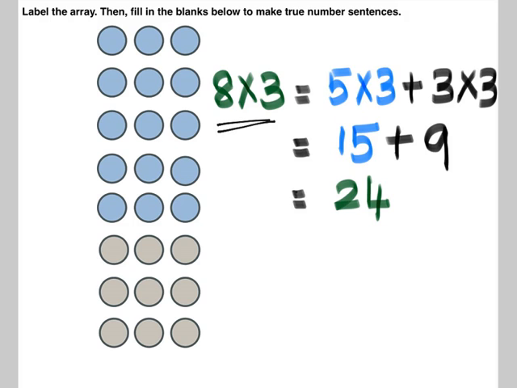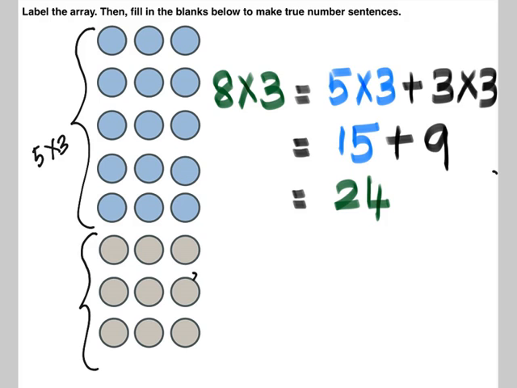8 times 3 is the total number of circles in the whole array. That is, 8 times 3 is equal to 5 times 3 plus 3 times 3.